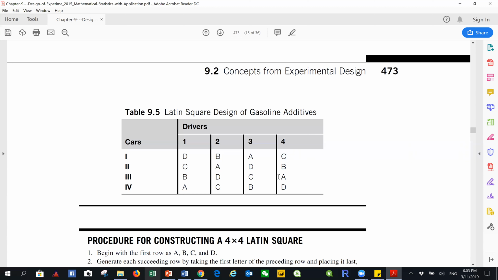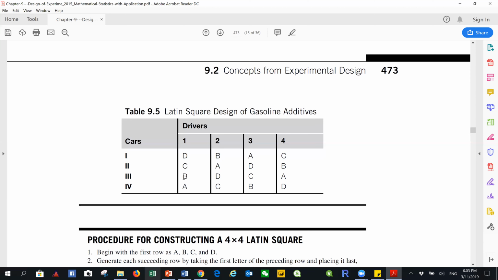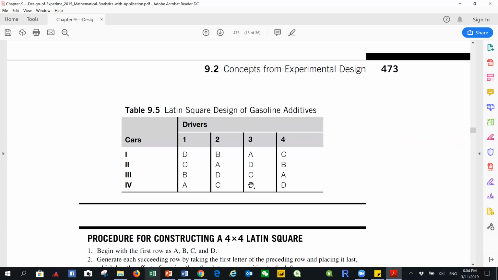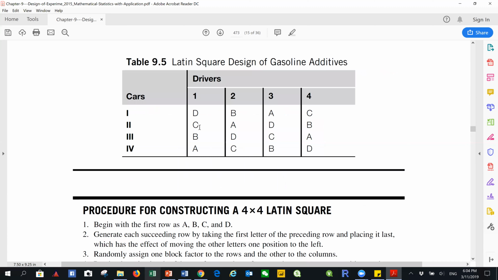Okay, so how does that work? It works in this way. Suppose you write DCBA, then you bring A to the top and push everything down. You get the column ADCB. Okay, and then you bring B to the top, put everything down, and you get BADC. And you bring C to the top, put everything down.